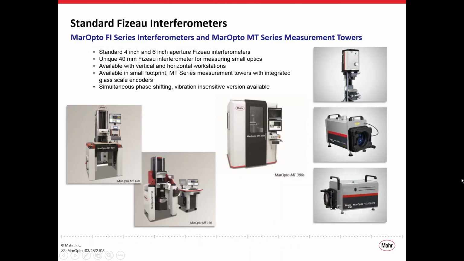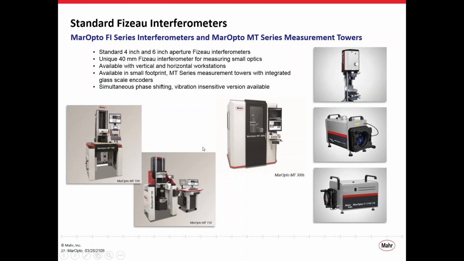Marv also has a full line of phase shifting Fizeau interferometers that have native apertures between 40 and 150 millimeters. We have the option to create apertures up to 300 millimeters with available beam expanders. And then we can integrate those systems into vertical workstations such as this MT300 and the MT100.